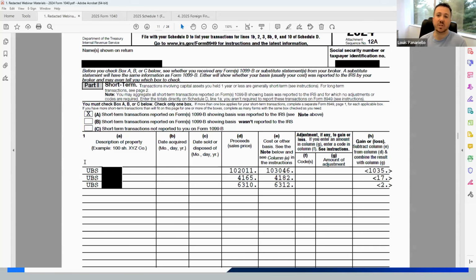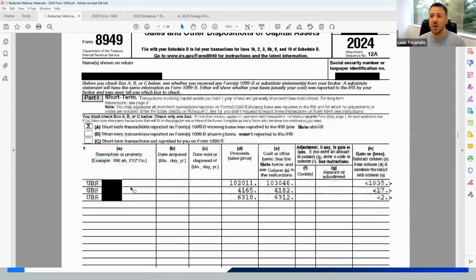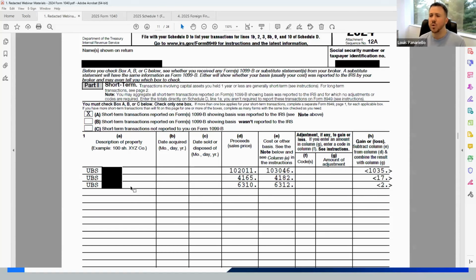What's also important to note on Form 8949 is that in 2014, the IRS began considering digital assets, quote unquote, property. So just as you could sell your Apple stock, your Amazon stock, or a piece of real estate, they're all considered property for purposes of tax reporting, and therefore you have to report the gain or loss on the sale of those items.